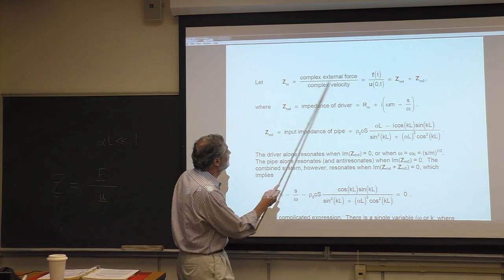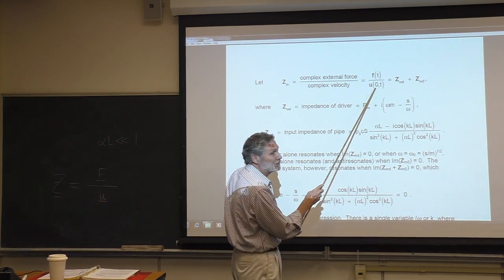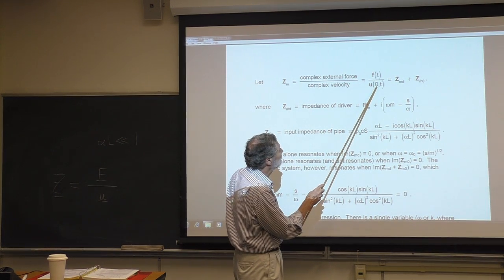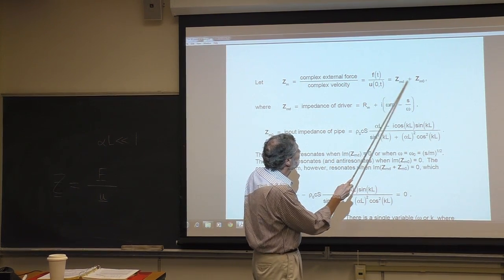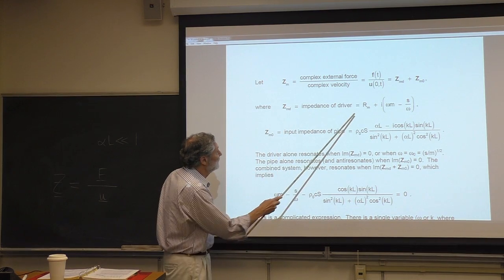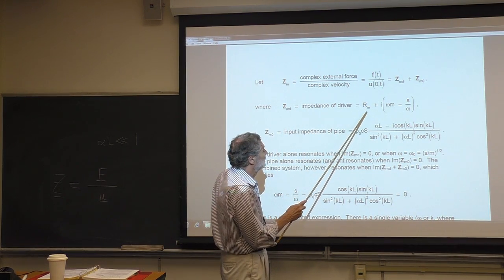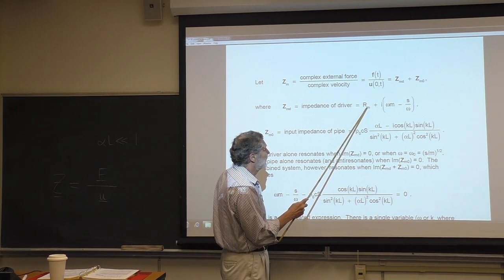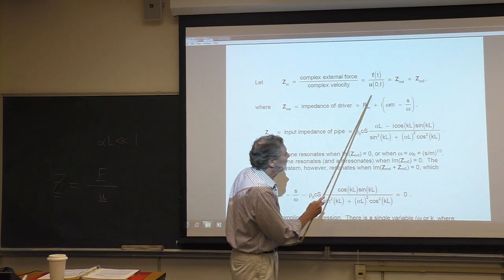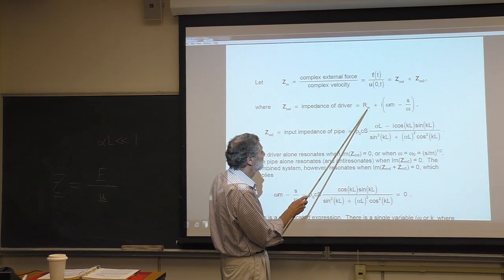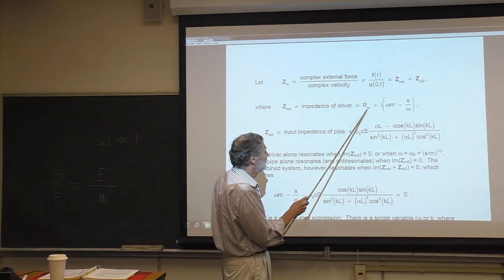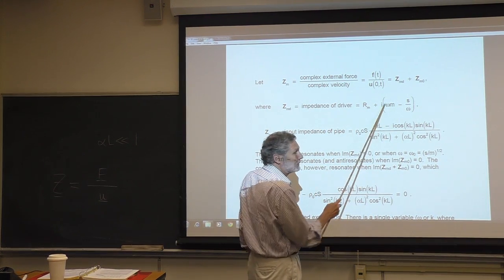The impedance seen by the drive, which by definition is this at the input point, is the sum of the two impedances. The driver impedance, as you know, for a mass on a damped harmonic oscillator, has the mechanical resistance as the real part, and the reactance being this combination.